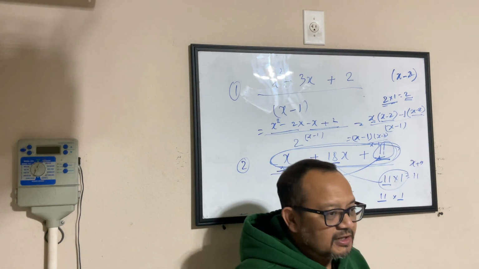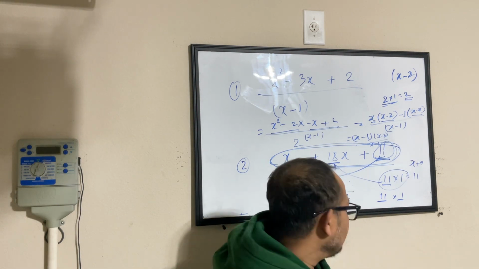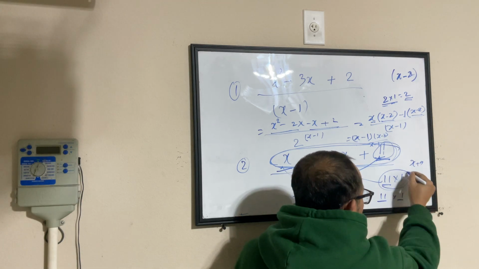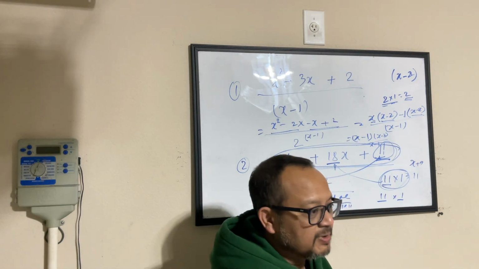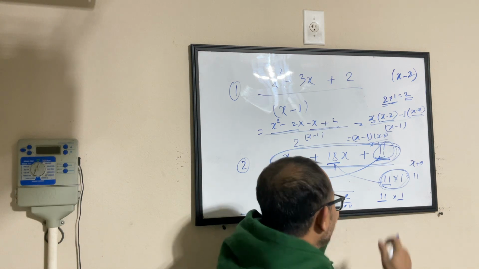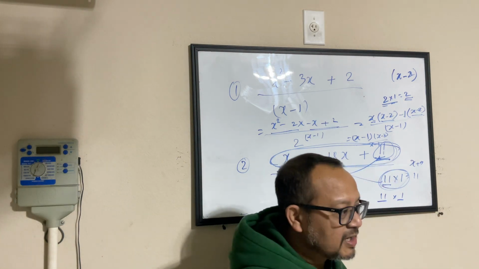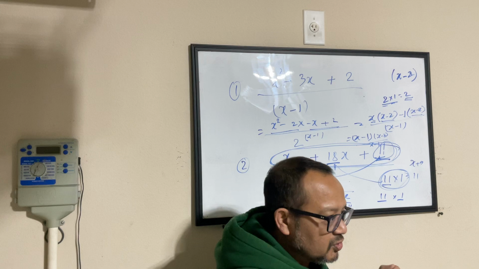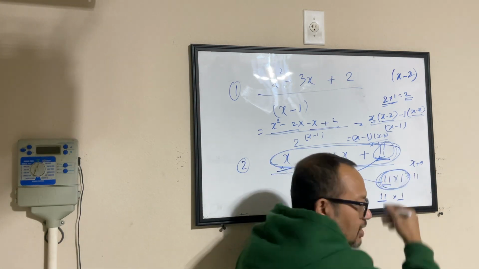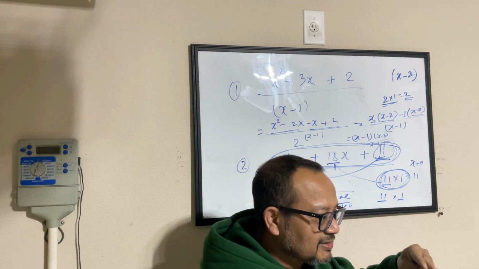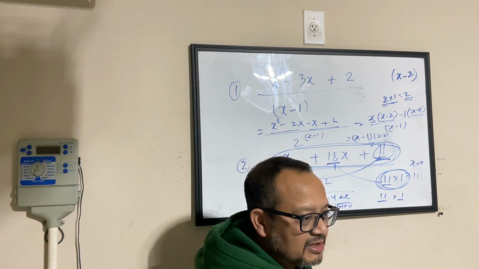So it's more workable when a times c gives you a non-prime number. Then you have more options to play with. I'm not saying that swapping will help every time, but the possibility is more, because if the product of a and c is a non-prime, you have more factors, and the chances of meeting the condition are higher.